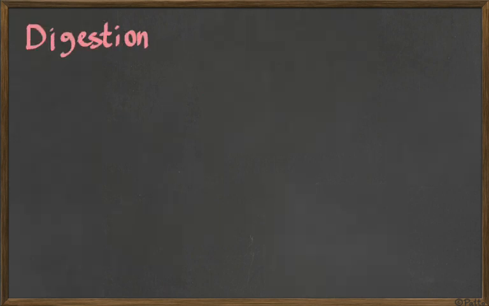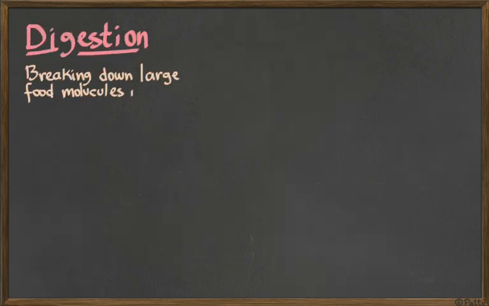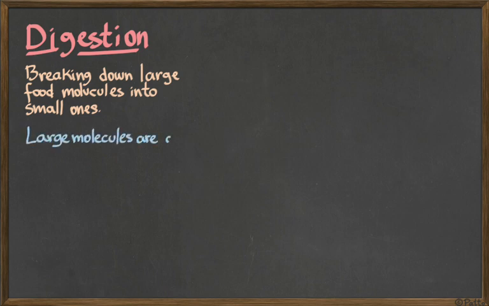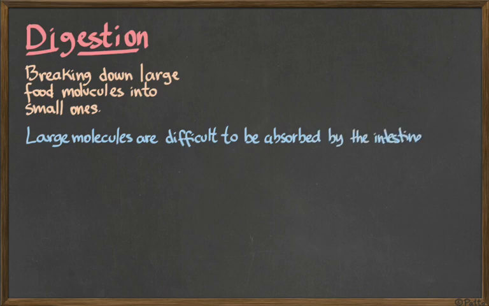Okay, so first thing, to digest is to break down something. So digestion is the breakdown of molecules. In our case, the digestion of food is going to be the breakdown of large food molecules into small food molecules. We need to break these very large molecules, because large molecules are very difficult to be absorbed by the epithelium of our intestine.